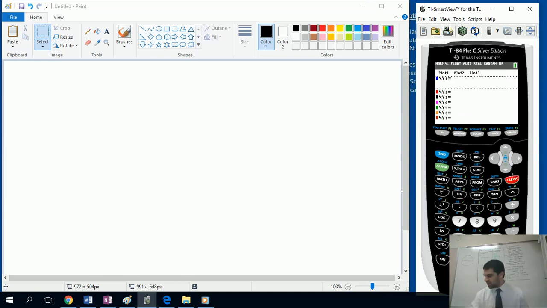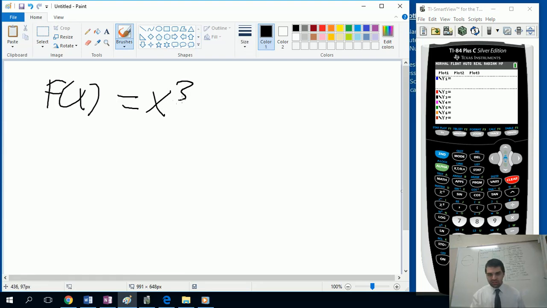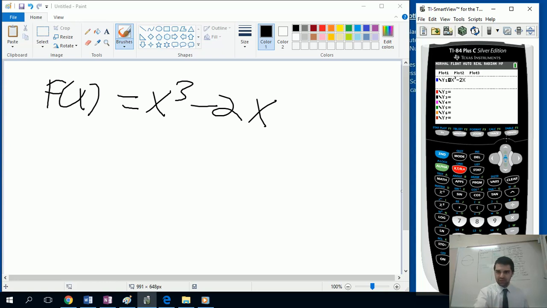All right. Next problem. f of x is equal to x cubed minus 2x. So you have x cubed minus 2x. I apologize.